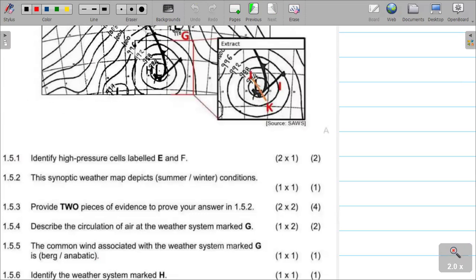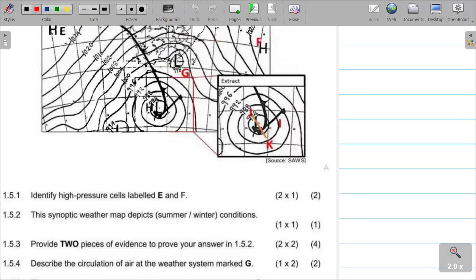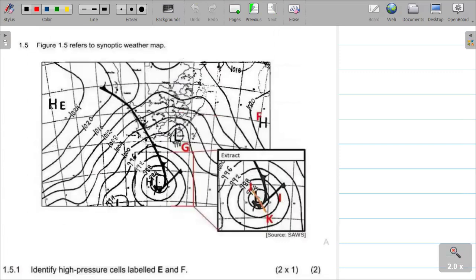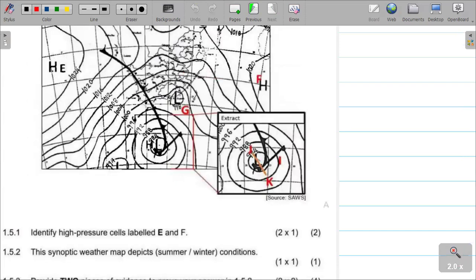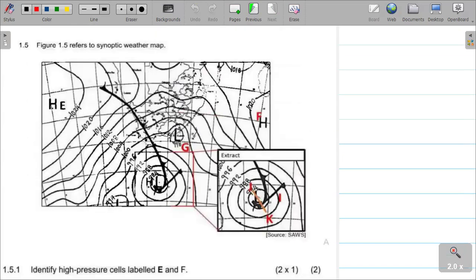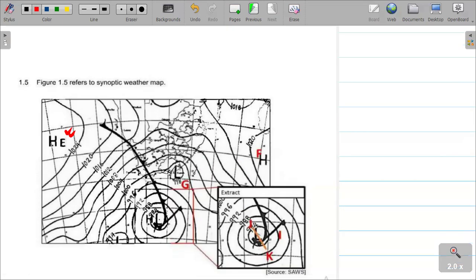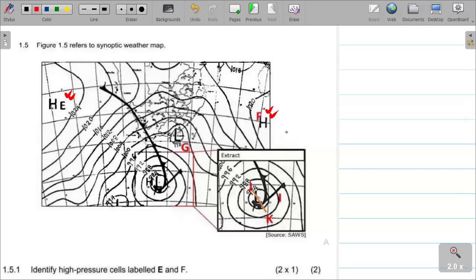So identify high pressure cells labeled E and F. We have got E given here, and our F is also given on the other side. I have already given the high pressure cells that are found in these positions.